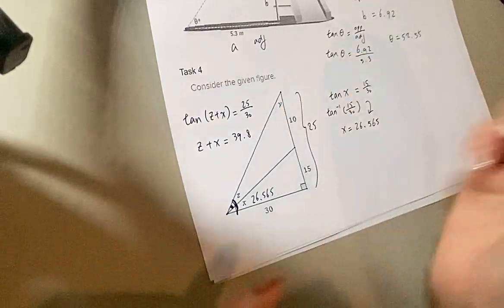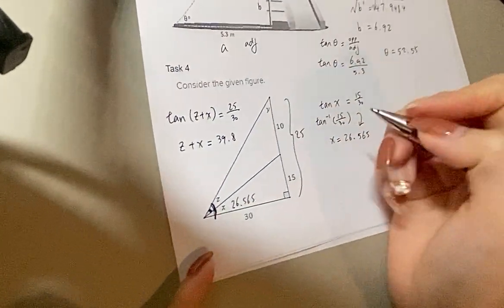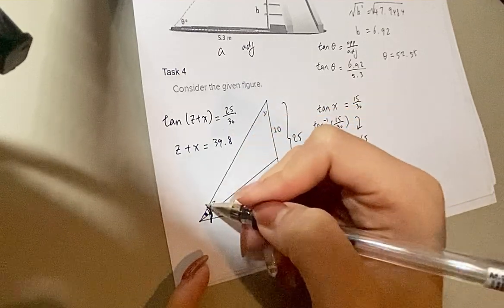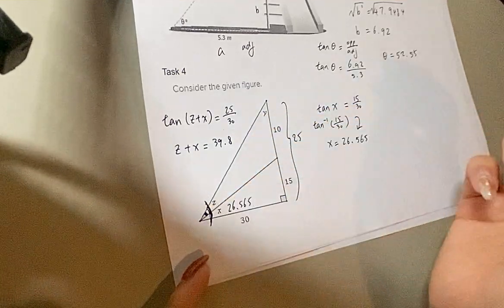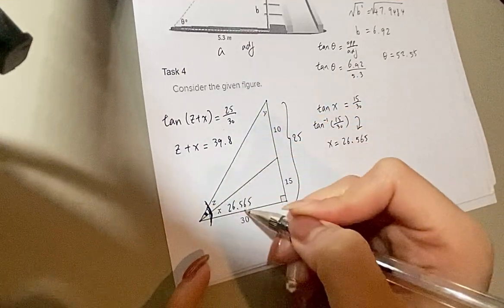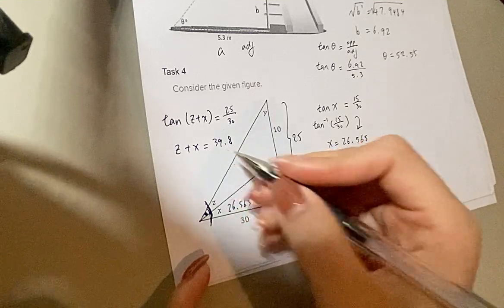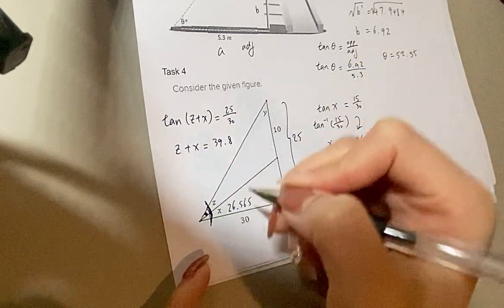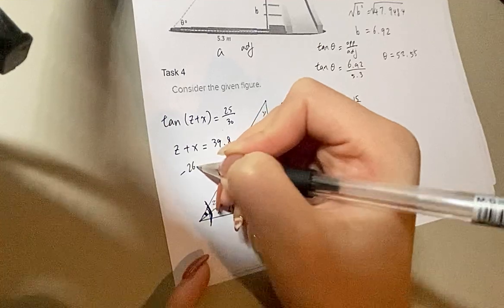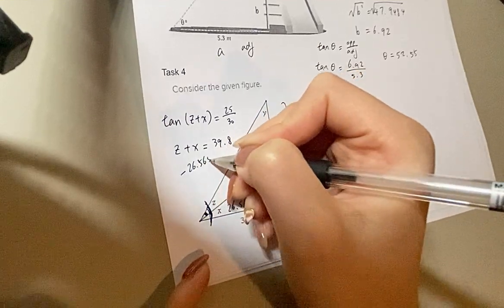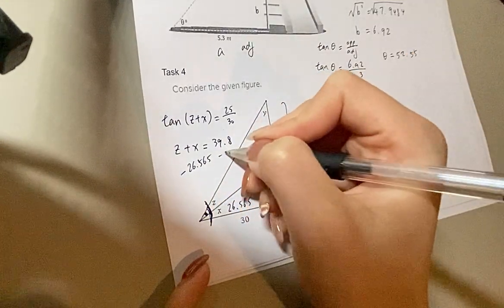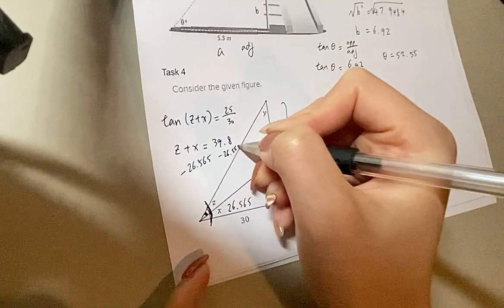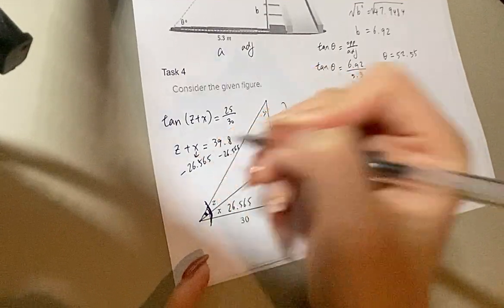Okay, but be careful here, this is the big angle right here, so we have to subtract this number by this number to get us z. So minus 26.565, which is the same as x.